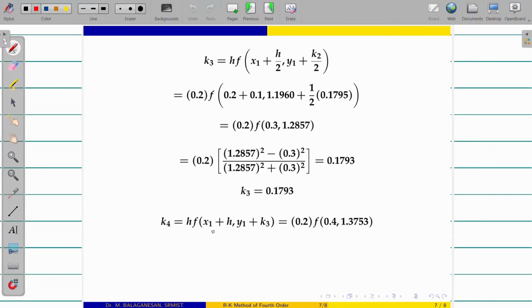The K4 formula is h into f of x1 plus h, y1 plus K3. So h, which is 0.2, into f of x1 plus h.